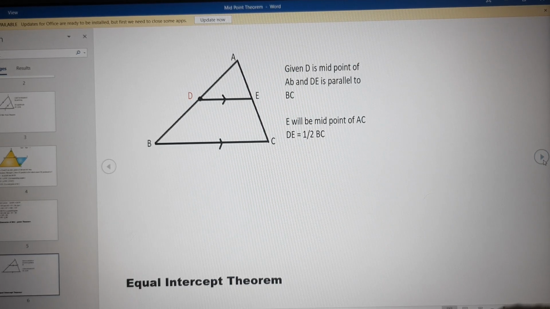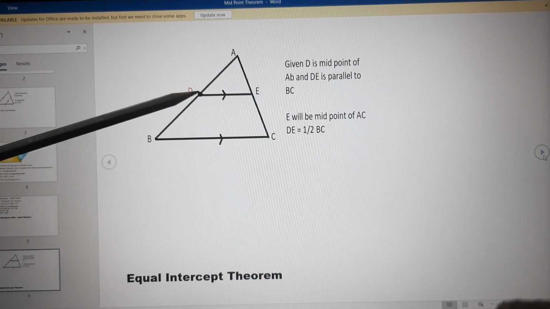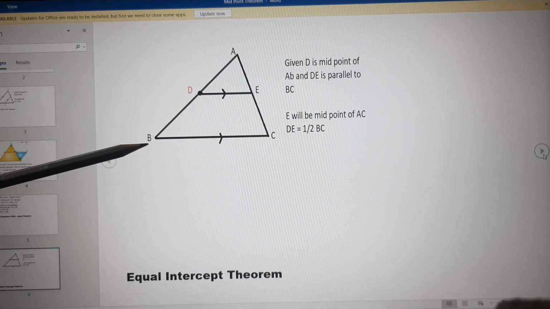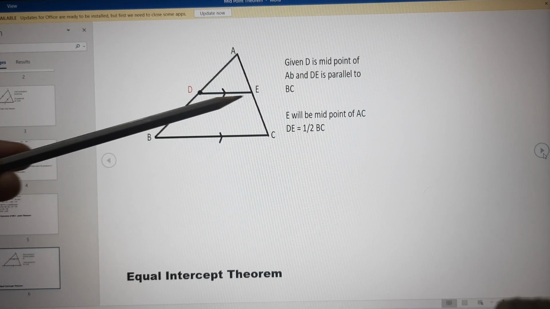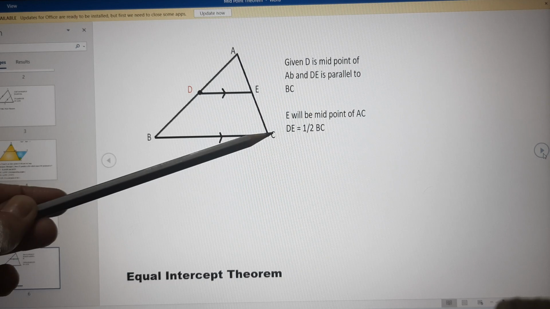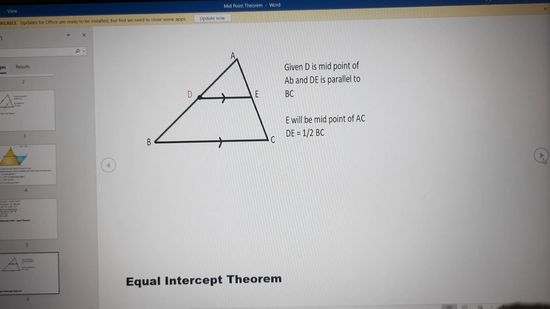These two things will be given. Okay. So I'll read the entire statement. In triangle ABC, it is given that D is midpoint of AB and a line which passes through D, DE, is parallel to BC, opposite base BC.